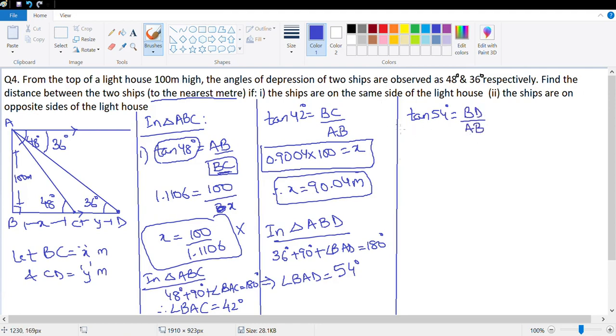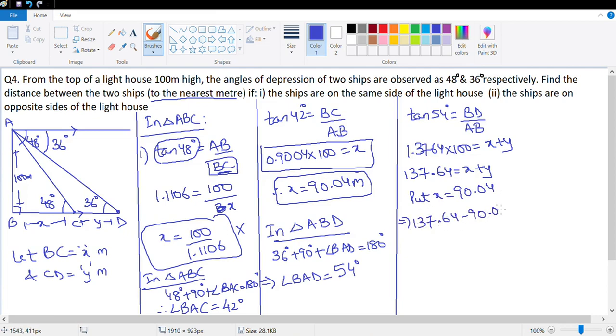Tan 54 degree is equal to 1.3764. This is from your book, multiplied with AB, which is 100, is equal to BD, which is X plus Y. So this is 137.64 is equal to X plus Y. I already know X is equal to 90.04, which gives me 137.64 minus 90.04 is equal to Y, which is 47.60 meter.